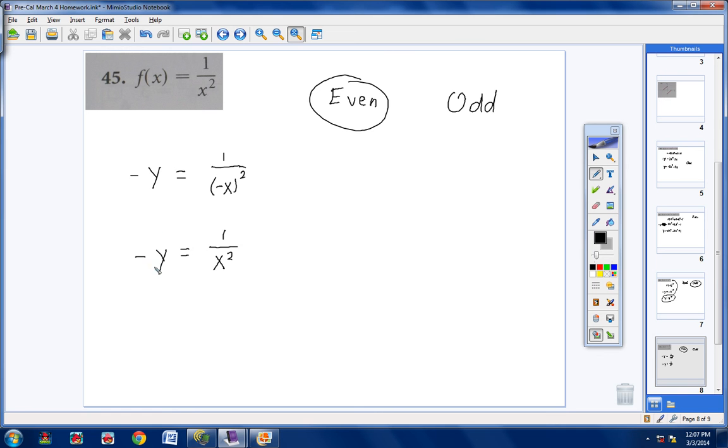Now go through and change your signs. So your y is positive, and your fraction over here becomes negative. That does not match your original equation, so you do not have origin symmetry, so you do not have an odd function. And then lastly, number 47.